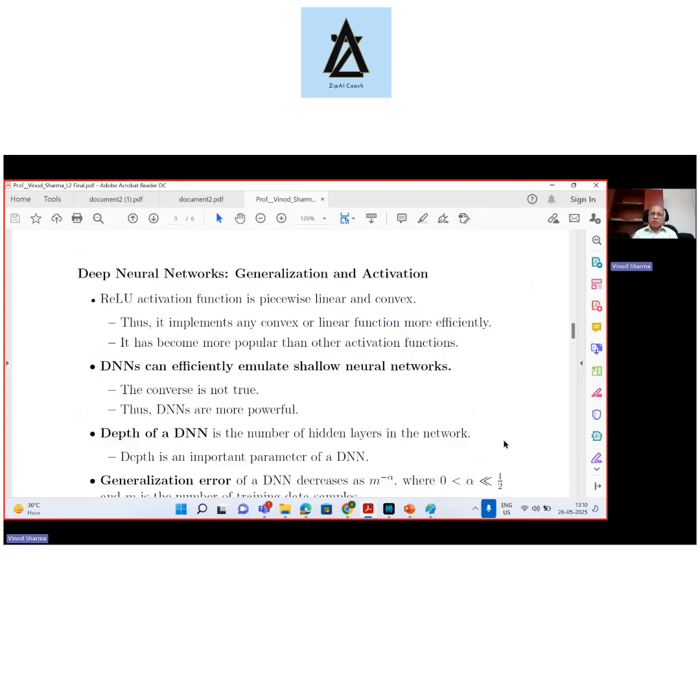But the converse is not true in the sense that there are functions which can be efficiently implemented by deep neural networks, but cannot be that efficiently implemented by the shallow networks, and can require exponentially more number of parameters. Therefore, deep neural networks are more powerful than the shallow neural networks, and therefore these are the ones being used today.